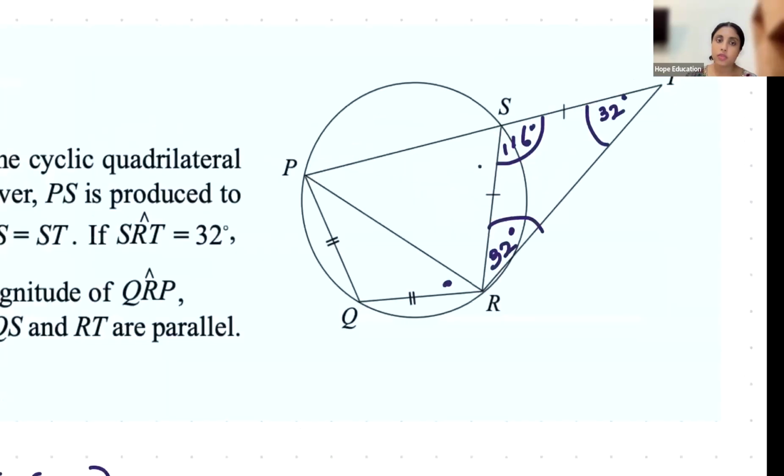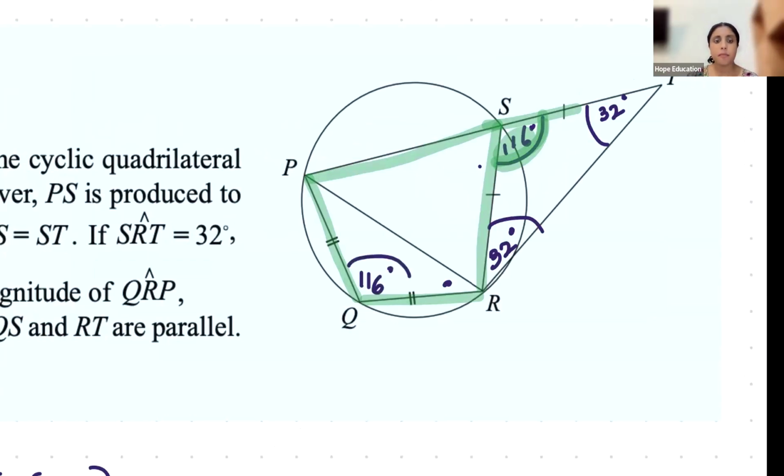Can you see here? Now this is definitely a cyclic quadrilateral, because it's a circle and all the vertices are on the circle. In a cyclic quadrilateral, the exterior angle equals the interior opposite angle. So automatically it becomes 116, isn't it? Up to that point, is it clear to you? Others?